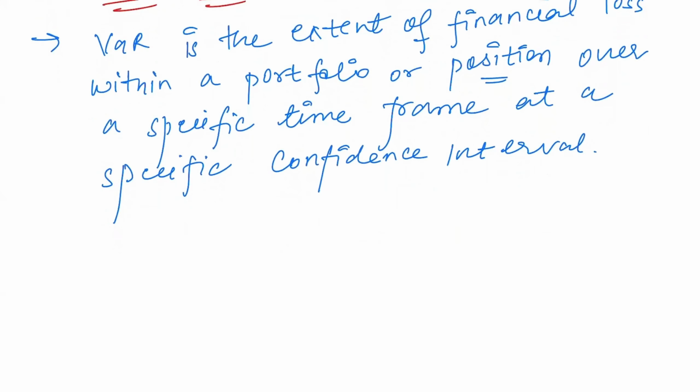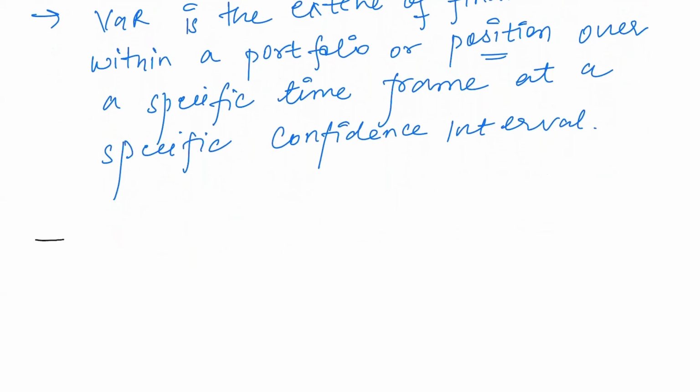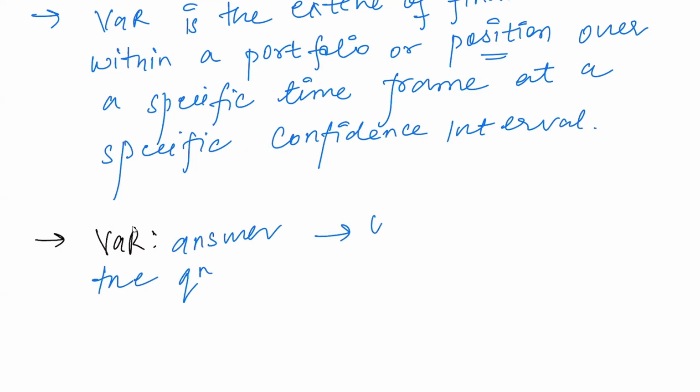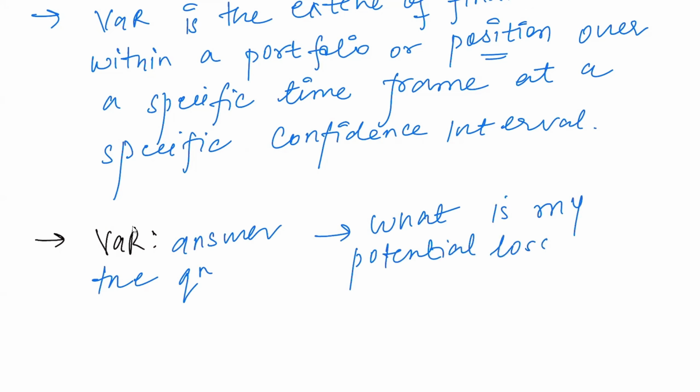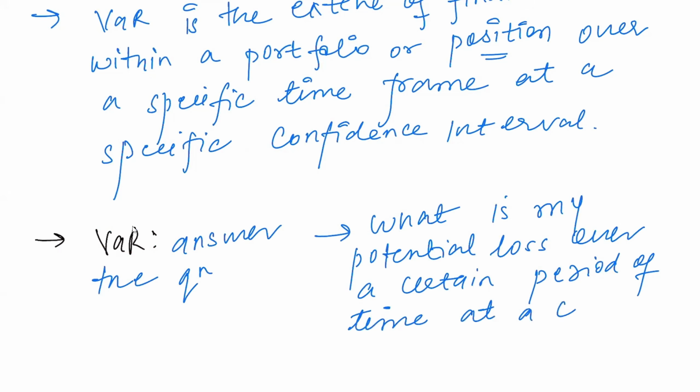So essentially, value at risk answers the question: what is my potential loss over a certain period of time at a certain confidence interval? So this is what value at risk is trying to answer.